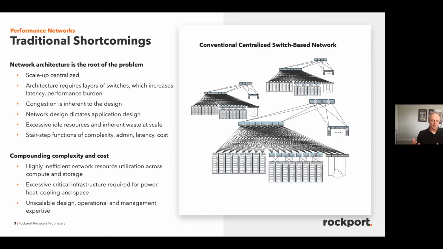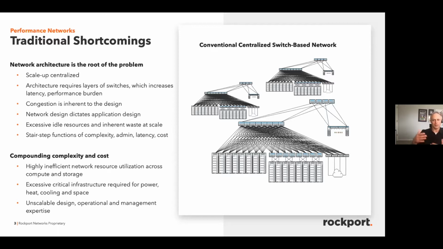While the architecture has been appended, amended, enhanced, and tweaked over the years to make it a lot more performant and capable, the architecture itself has not changed. When you take a spine-leaf architecture and start trying to scale it, there are different breakpoints where we end up with what I call the 49th port problem.